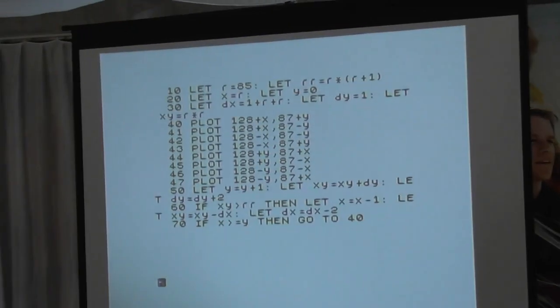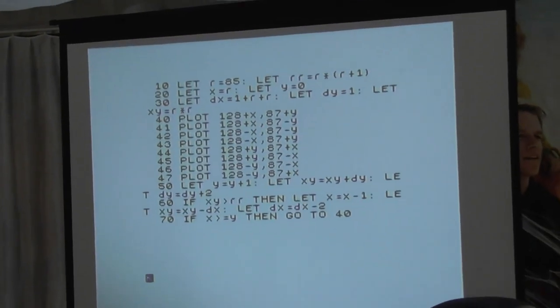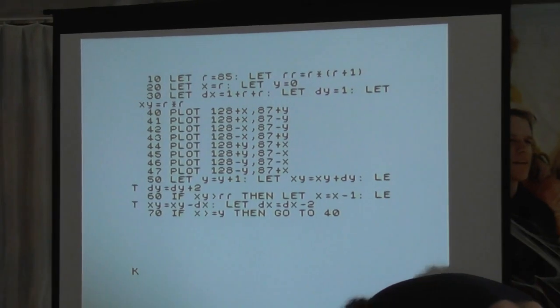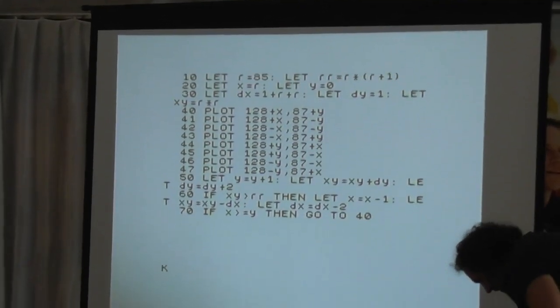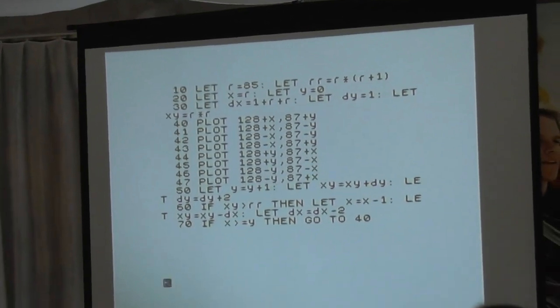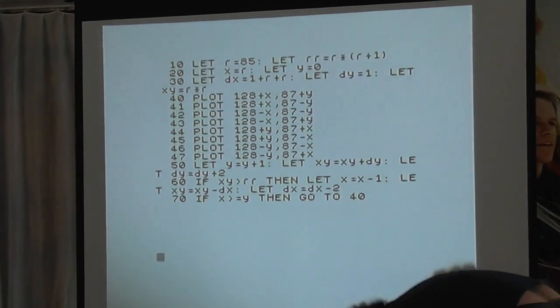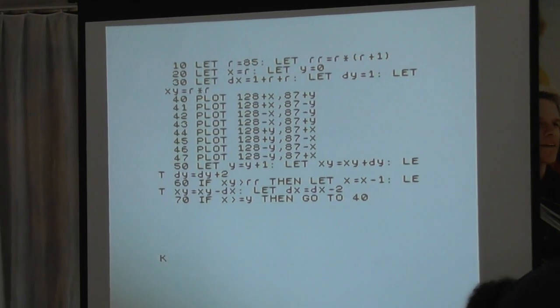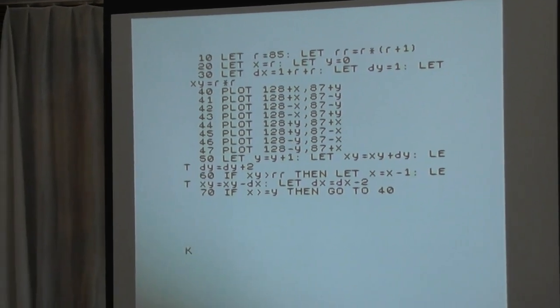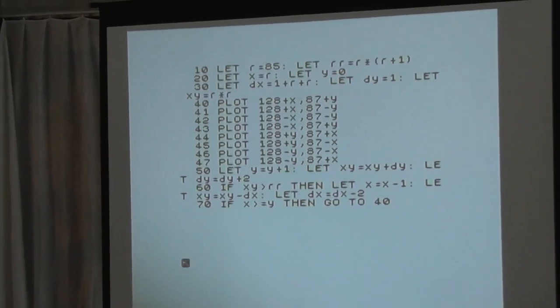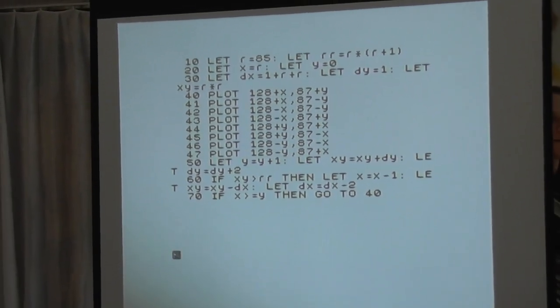So this is Bresenham's algorithm. What you can see is that in the inner loop, there's no longer a square root. Actually, there's no square root anywhere. There's a single multiplication in the very first line, line 10, where we calculate the square of the radius.